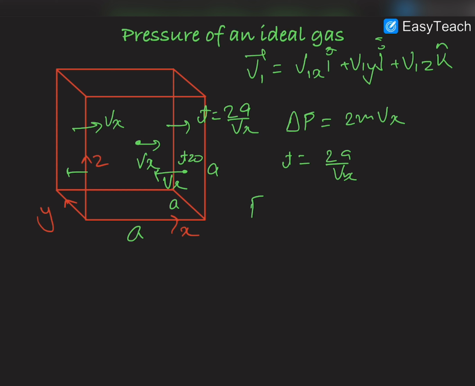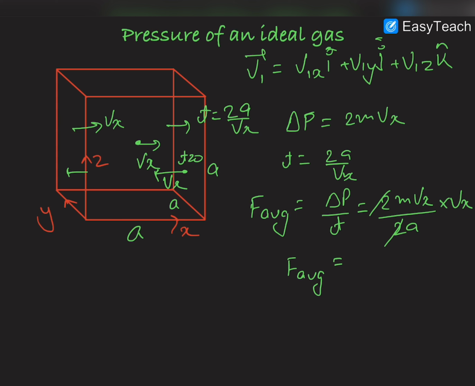Therefore the average force applied by this particle on this wall will be change in momentum upon time taken, which is 2mvx upon 2a by vx. So the average force applied by this particle, in fact the average momentum transferred per unit time, that is force, is mvx square by a, where a is the side of the container.